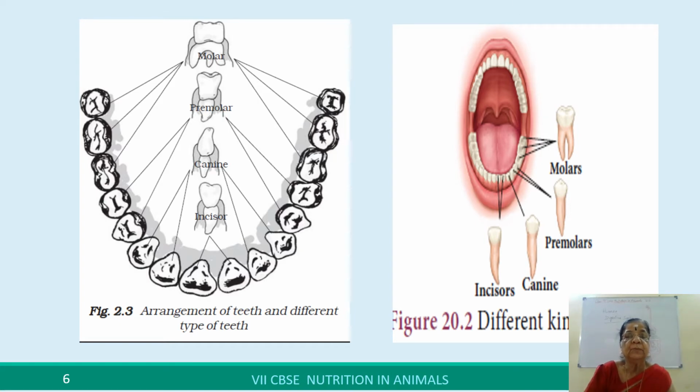Okay. So now the mouth is formed of first the buccal cavity. In humans, this buccal cavity is provided with 32 teeth, on the upper jaw and the lower jaw.